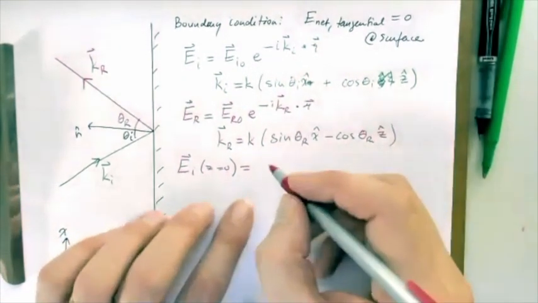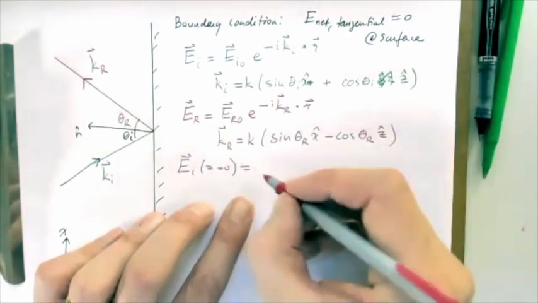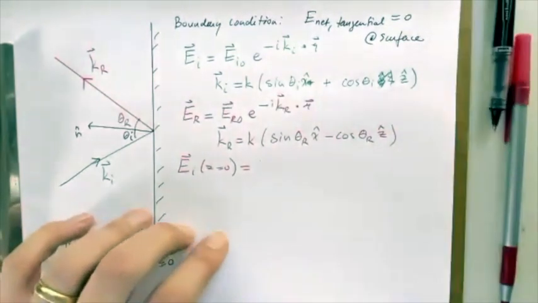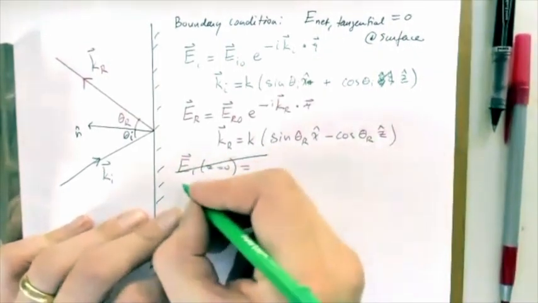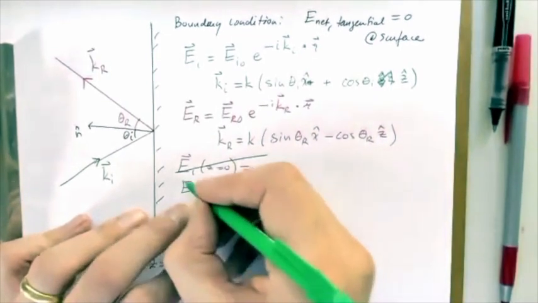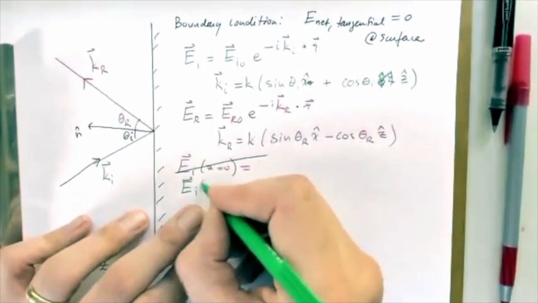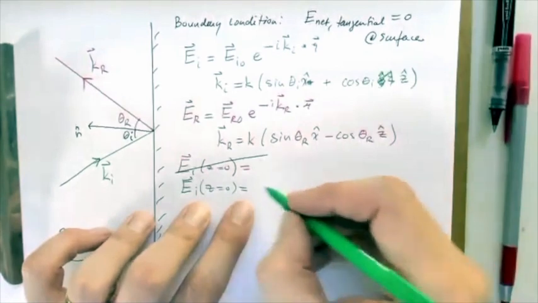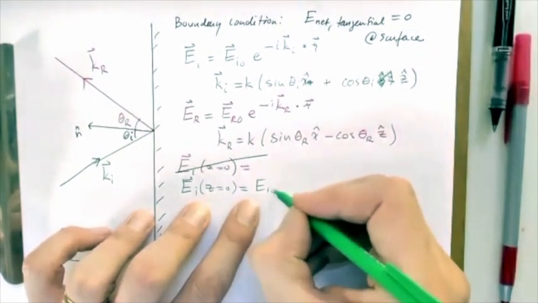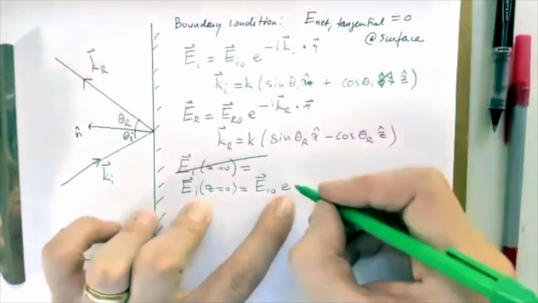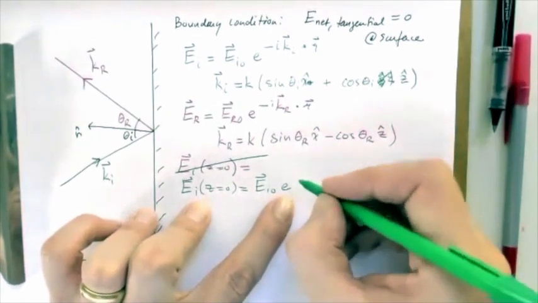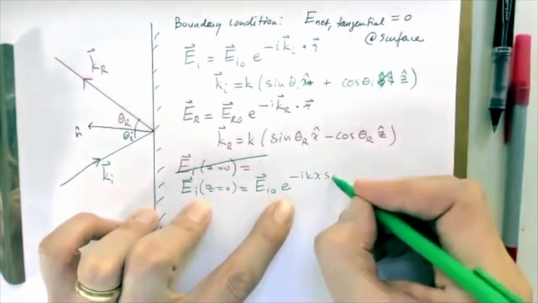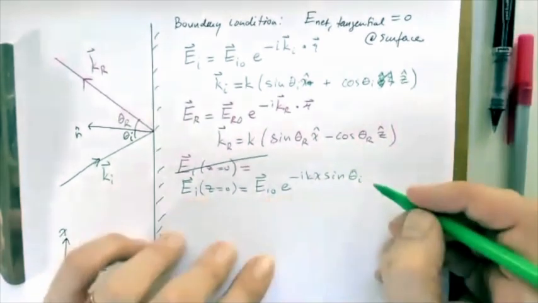So we'll get... Am I missing something? Oh shoot, I'm mixing up my colors again. Sorry. E_i, I like red colors. E_i at z equals 0 is going to be just our E_i0 e to the power minus i k x sine theta i.